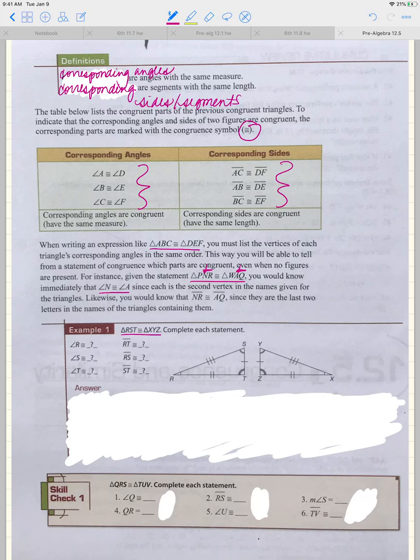Angle R is the first angle listed in our triangle on the left, so angle R is congruent to angle X, okay? Angle S then is congruent to angle Y, and angle T is congruent to angle Z.